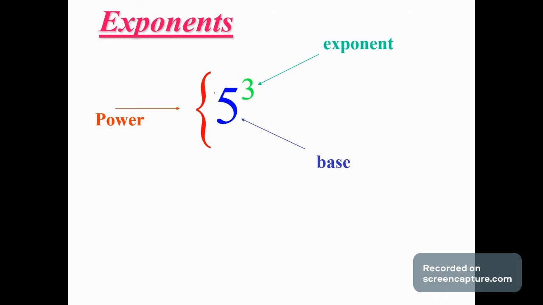So when we say power, it includes both the 5 and the 3 there. But the 5 is termed the base, and the 3 is called the exponent.